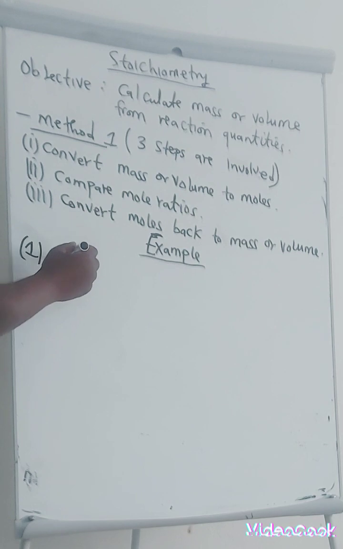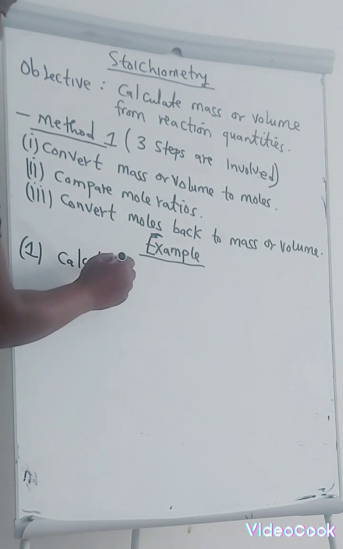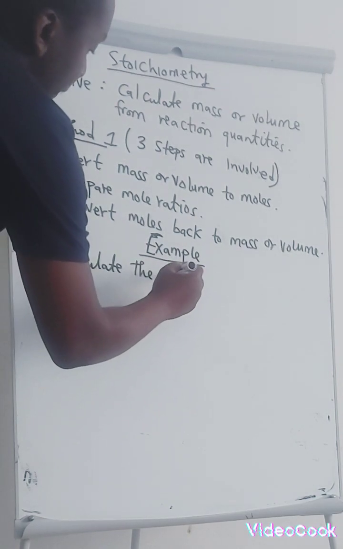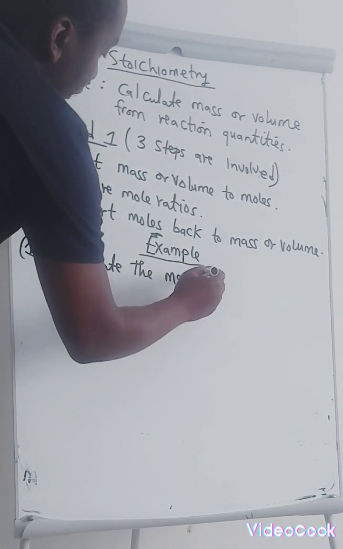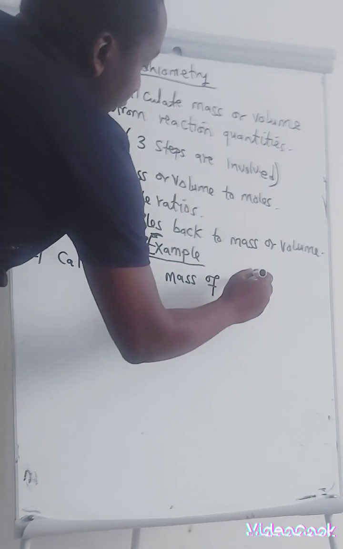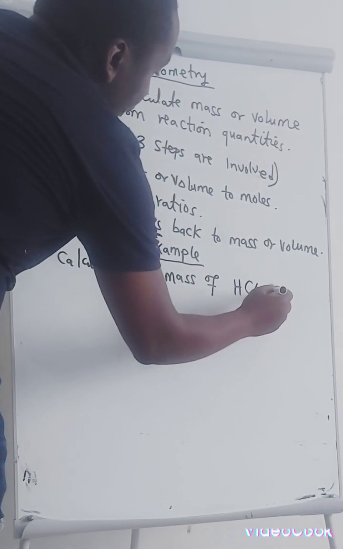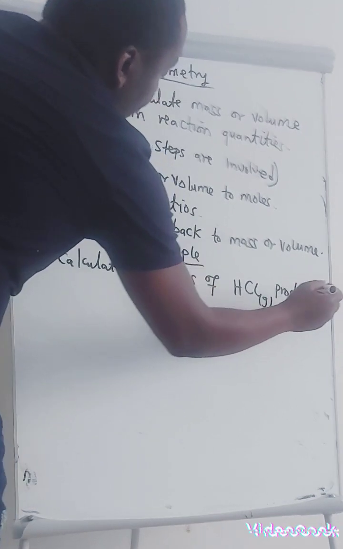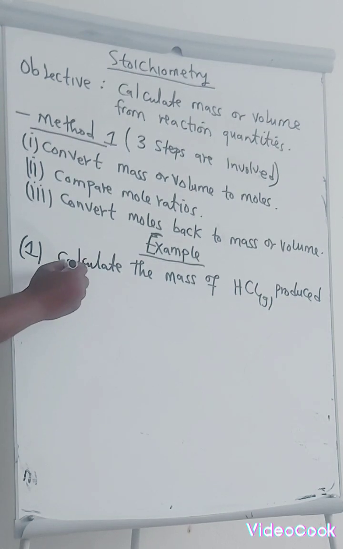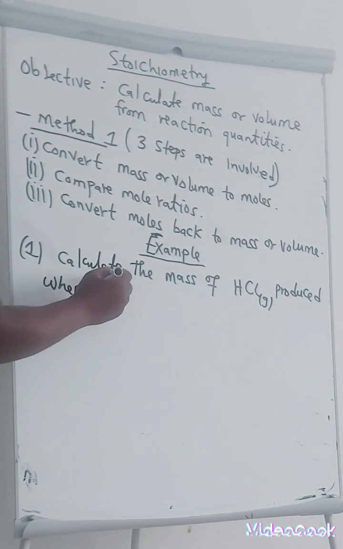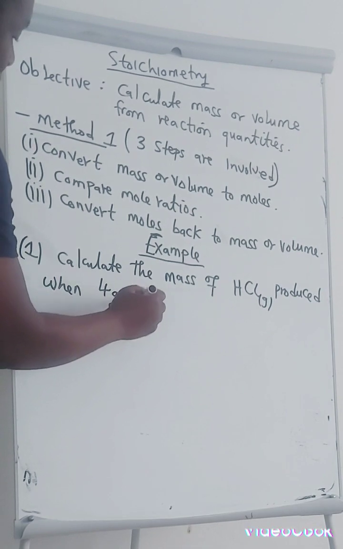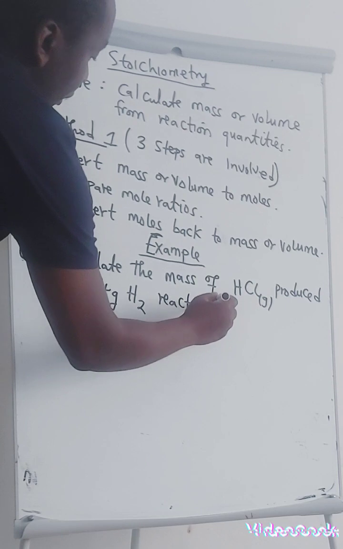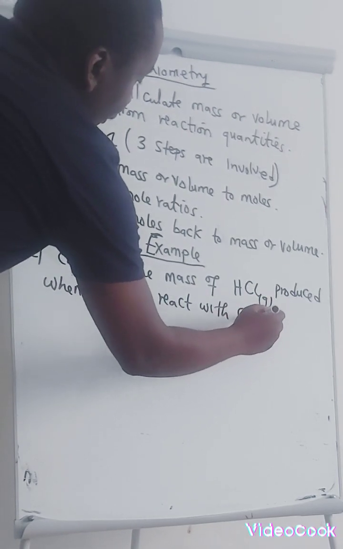Calculate the mass of hydrogen chloride gas produced when 4 grams of hydrogen react with chlorine.